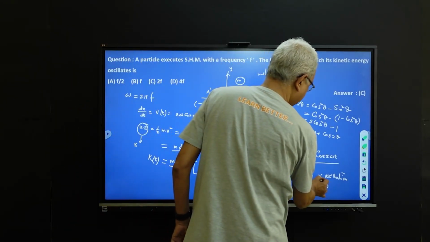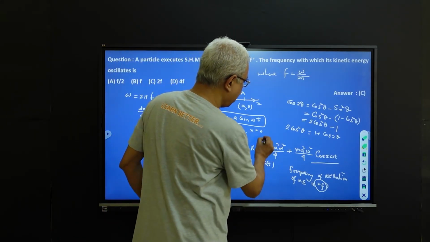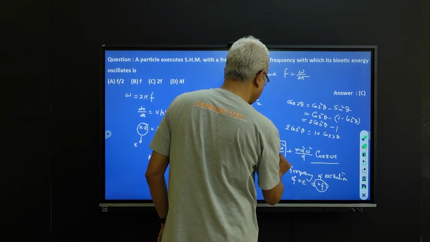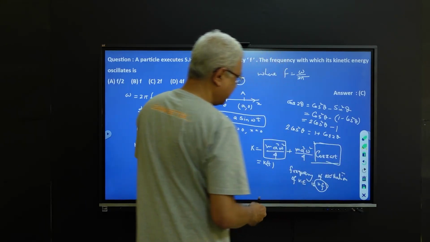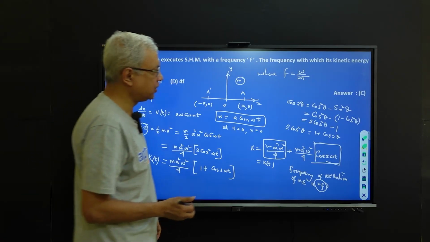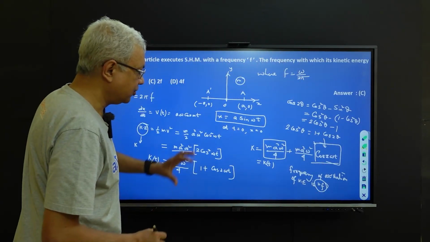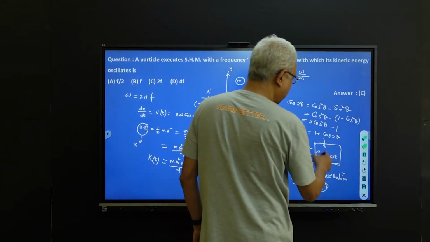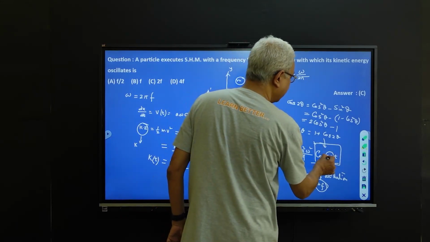So the kinetic energy, which is a function of time, has a constant term and a time dependent term, and the time dependent term varies cosinusoidally. So since because of the presence of the cos 2 omega t term, the frequency of oscillation of kinetic energy is twice f.